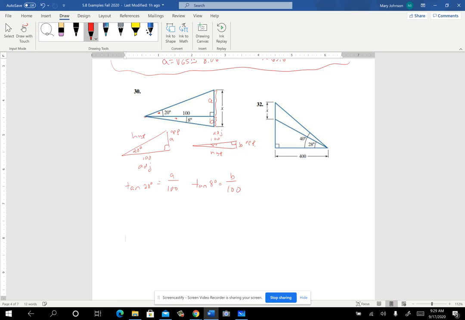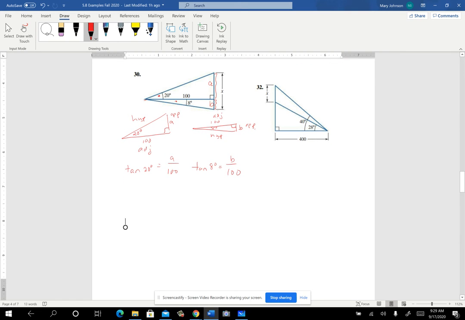And then I'll just work each of those out. So A would be 100 times the tangent of 20, because I would just multiply both sides by 100. And the same thing here: when you multiply by 100, you get that B equals 100 tangent of 8. So you do each of those.